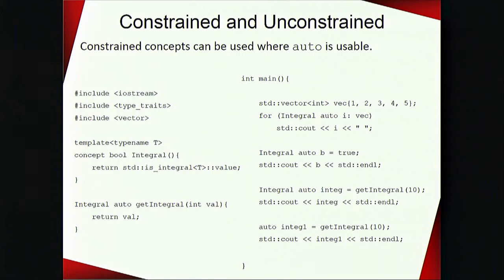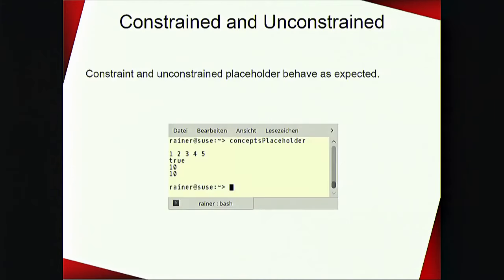Here also. And this one you know from C++11. This is C++11 and that is C++20. So, in each place in which you use auto, you can now just use a concept, which is just a constraint concept. Okay, let's continue.